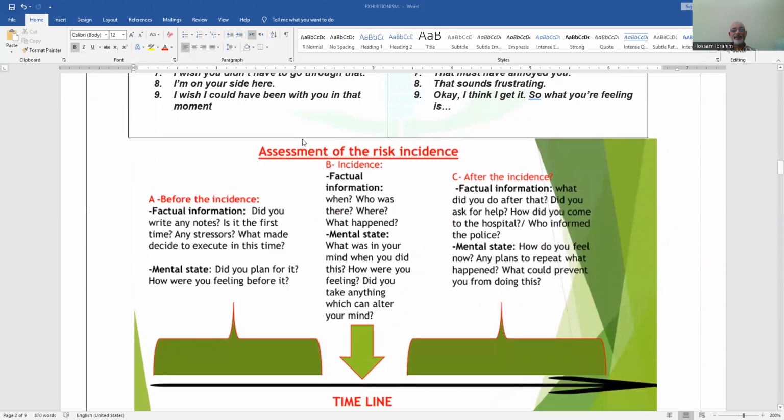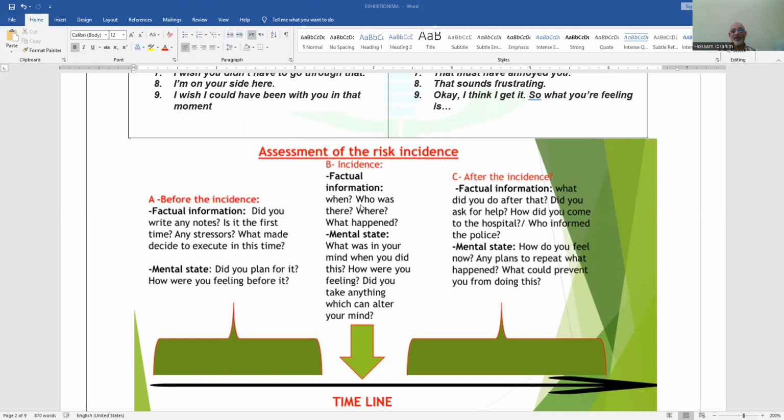Then, going rapidly through the ABC technique, you are going to assess the incidents according to a time-wise approach: what happened during the incidents, what happened before the incidents, and then what happened after the incidents. Under each heading, you are going to check the factual information and the mental state of the patient.